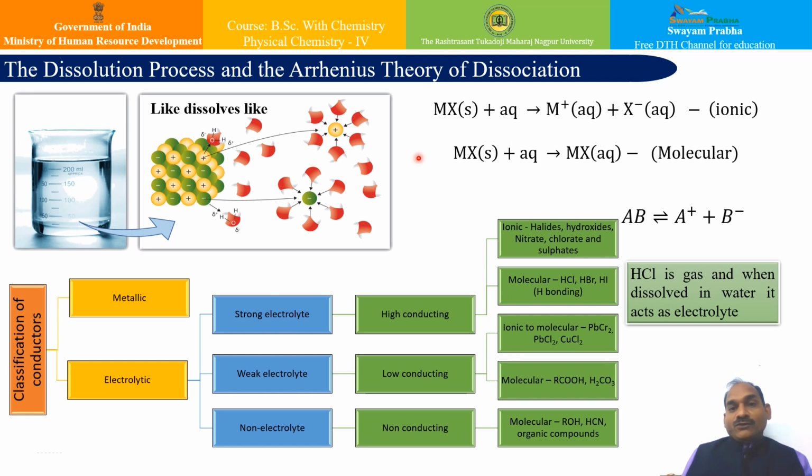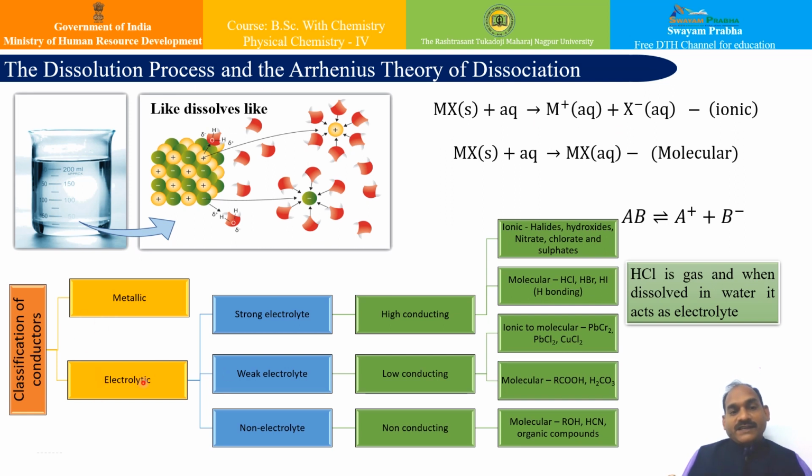In an ionic kind of solution, the solute splits into ions, and in a molecular solution, the solute remains as such in the solution. Look at this chemical reaction. The solutes can be classified further based on their conductivities in aqueous solution. Look at this table.